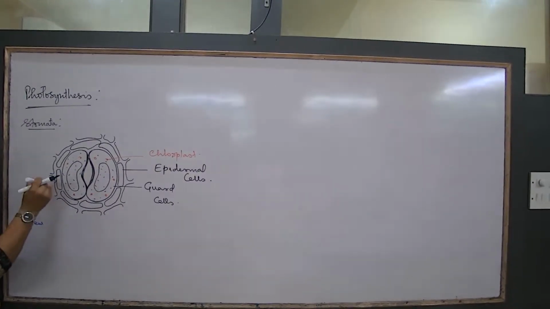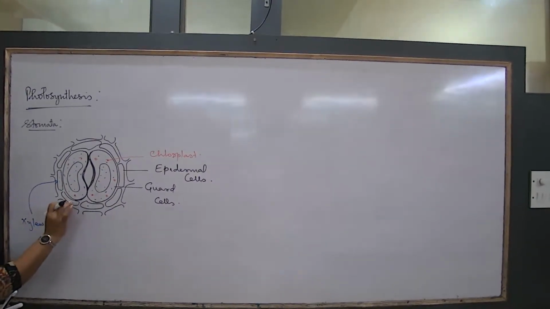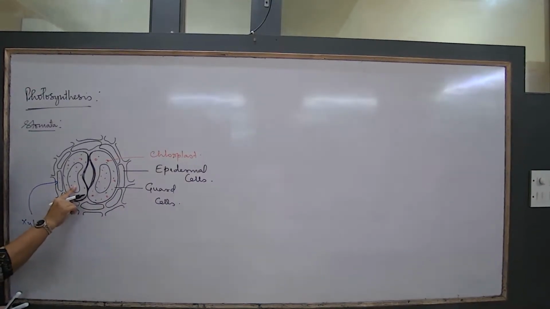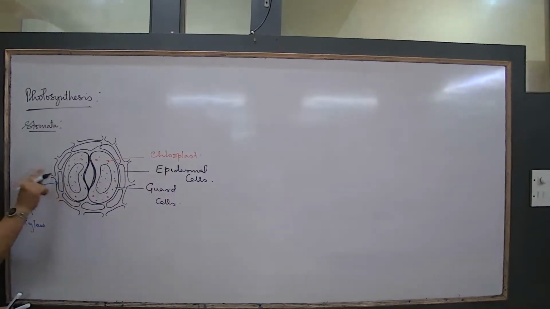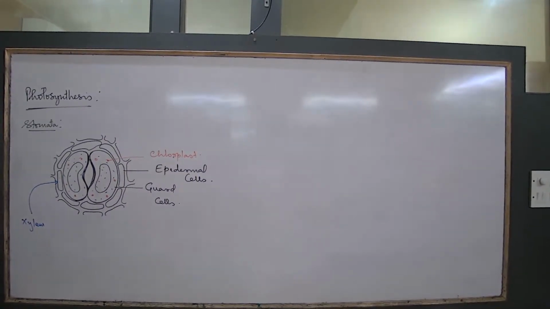So these cells will have a lot of water as compared to the guard cells, because the guard cells are constantly synthesizing sugar and constantly getting concentrated. They are becoming concentrated. In the 9th standard, you had studied all these words.